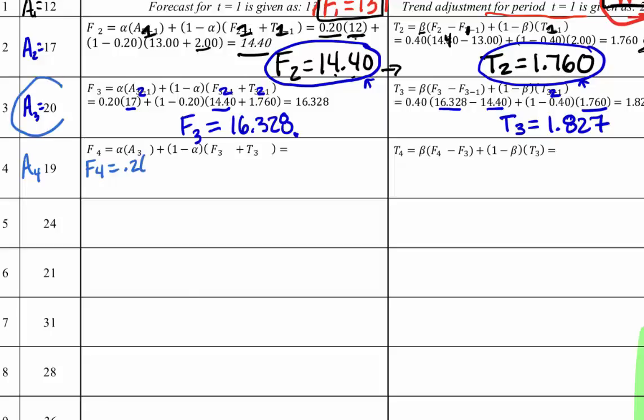We'll pull that down, that's 20, plus 0.8 times f of 3 plus t of 3. So f of 3 is here, and t of 3 is here, so we'll just pull those in. 16.328 plus 1.827. So f of 4 will equal 18.524.